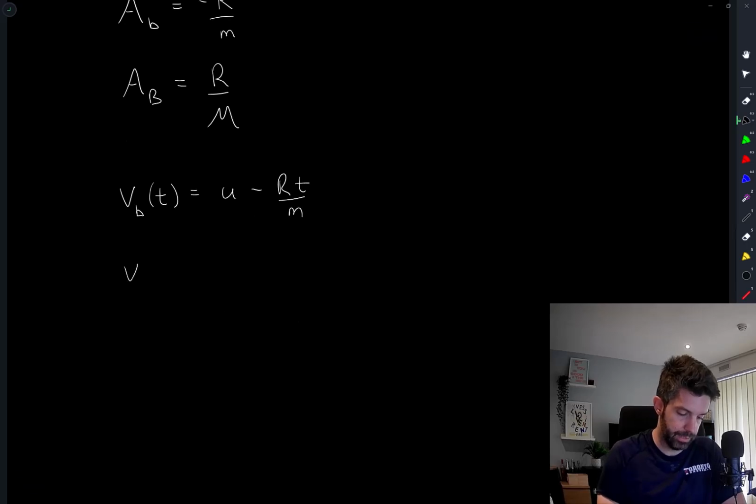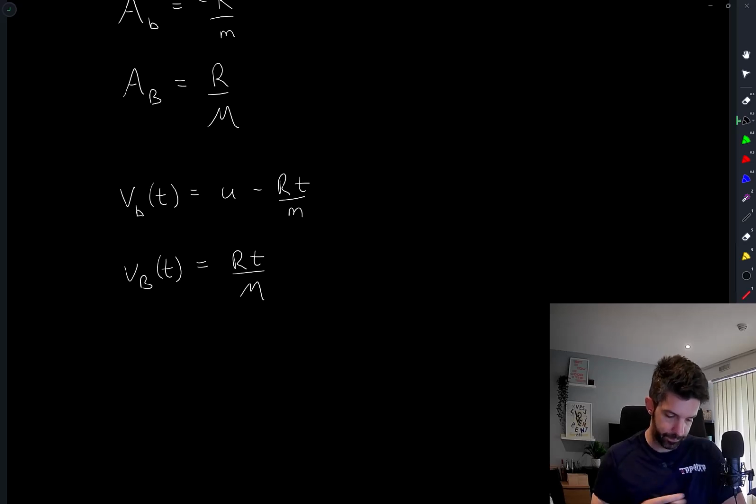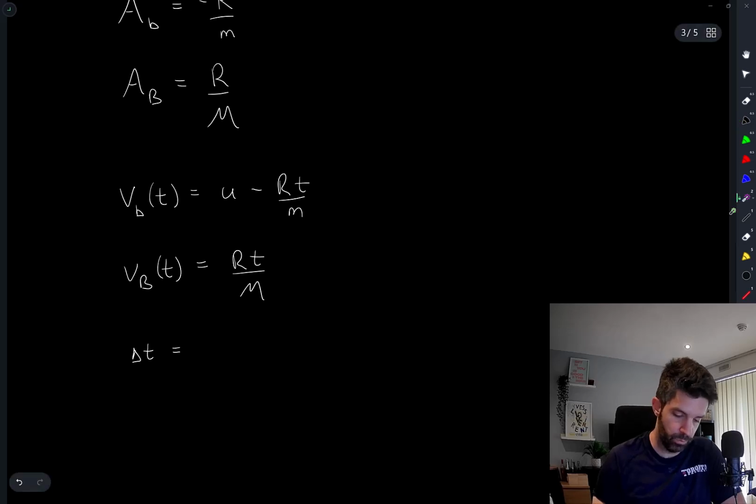And the velocity of the block, well, the initial velocity is 0, so this is just going to be rt over capital M. Okay. And the amount of time that changes is going to be the same. That's when the bullet stops.